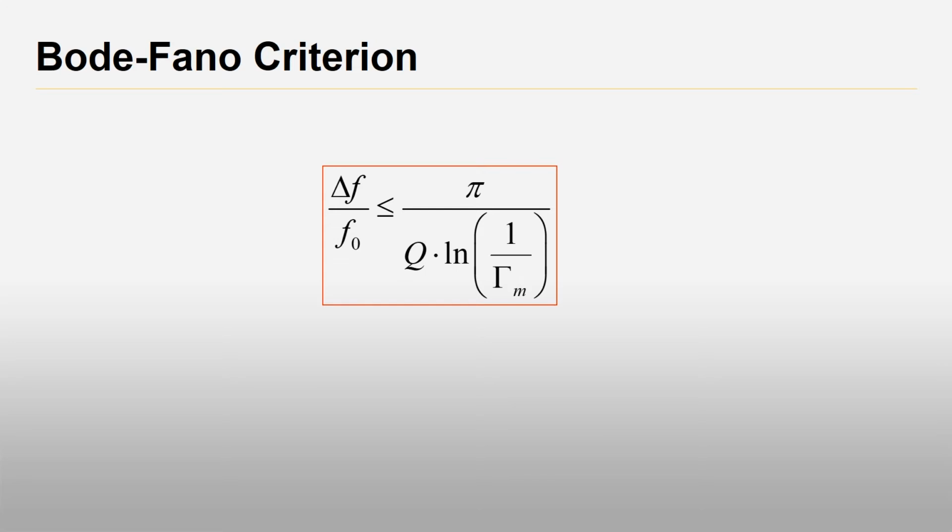And working through the math, we find that the fractional bandwidth has to be less than a certain value that's determined by the Q and the maximum allowable reflection coefficient.